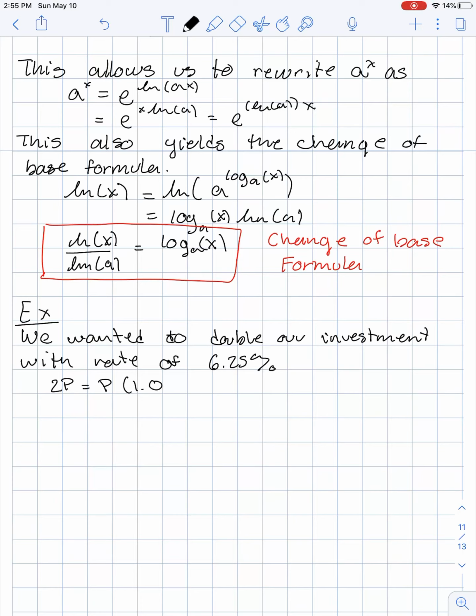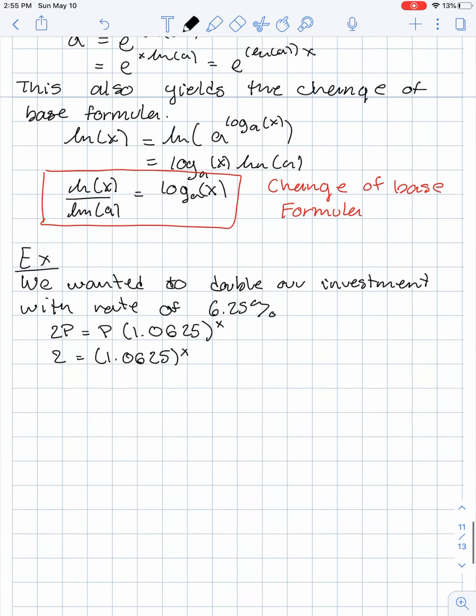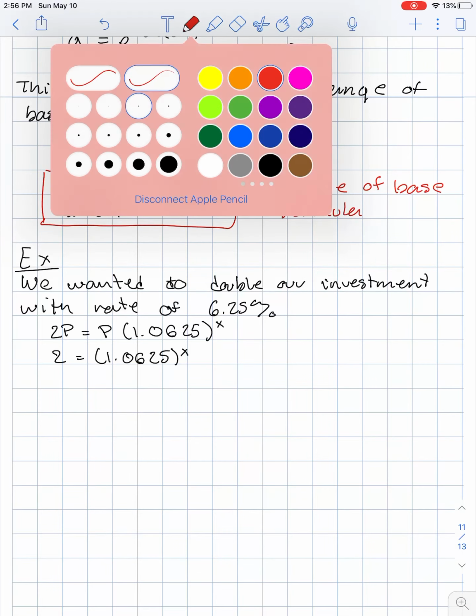So we got that we needed 2p equal to p times 1.0625 to the x. We divided by p on both sides, so we got that 2 equals 1.0625 to the x. And I just didn't know how to, the x is up in the exponent. We could have just double checked and everything, but it would have just been clicking numbers in the calculator, which isn't real math.